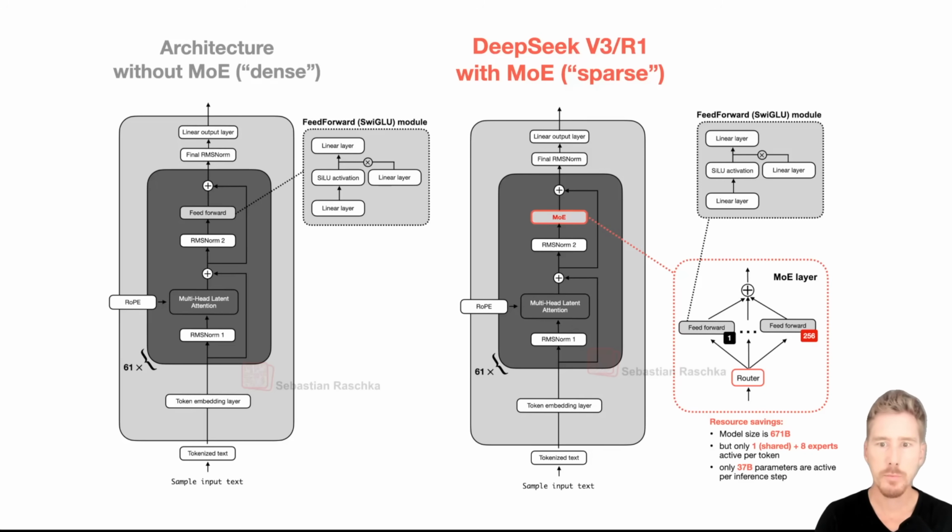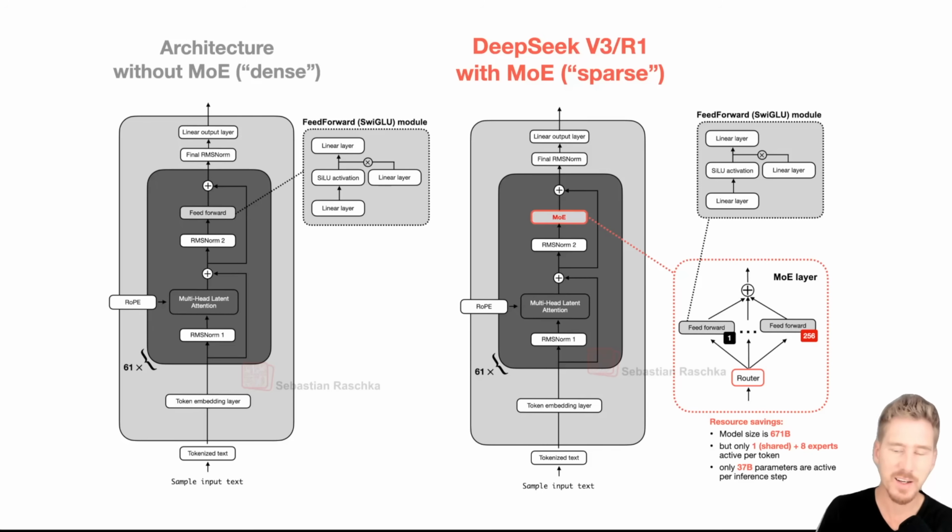The advantage of mixture of experts is it still has all these parameters during training, where the model can take up a lot of knowledge. But then in inference, we don't need all that knowledge. For example, when we have a math task, we don't need to, let's say, know about foreign languages, or we don't need to know about coding. So we can only use experts that are, let's say, good at math.